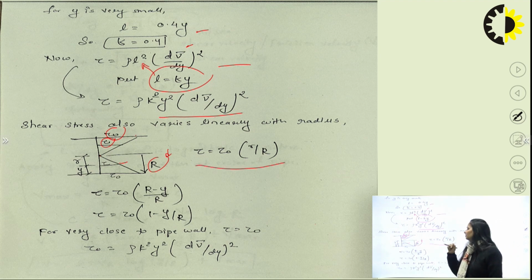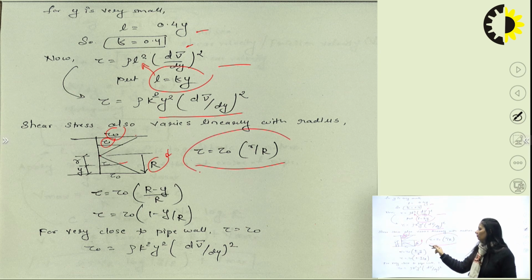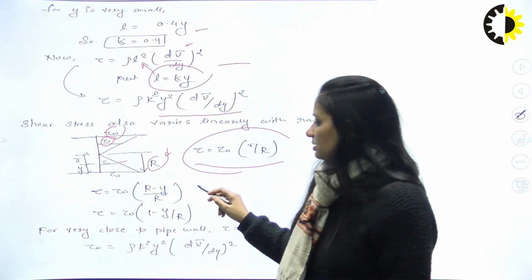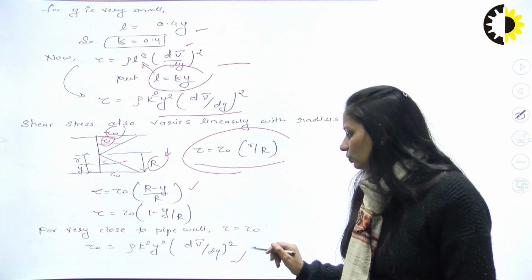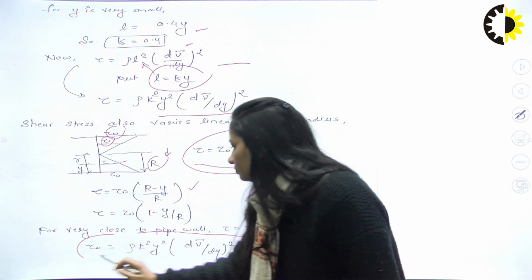Taking the linear stress, you can write the formula as tau equal to tau naught r by capital R. Now for very close to the pipe wall, you can write tau equal to tau naught.